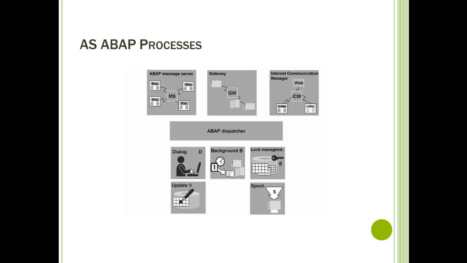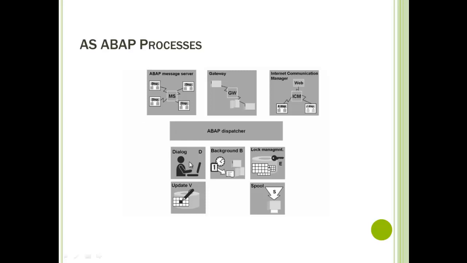It's a logical resource allocation. So there is one process which will execute some of the requests coming from the user. Okay, it's a logical process which will execute mainly the requests coming from the user or from a different source. Okay, so we have different kinds of work processes.